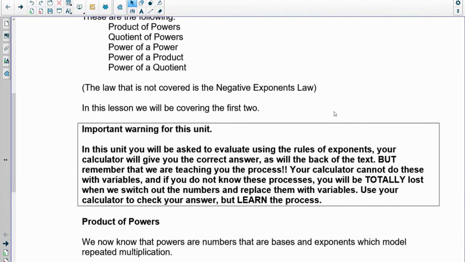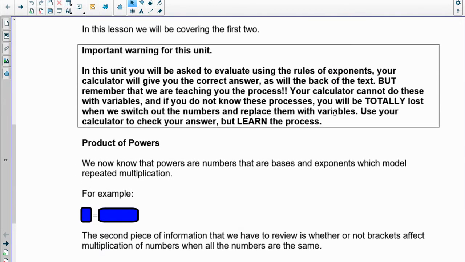Now there's something we have to talk about first, and that is the important warning for this unit. In this unit you have a calculator, and if you know how to use your calculator, you can use your calculator to find the answer. The problem with that is that it only works when you're using numbers. Right after we're done this, we're going to work in variables.